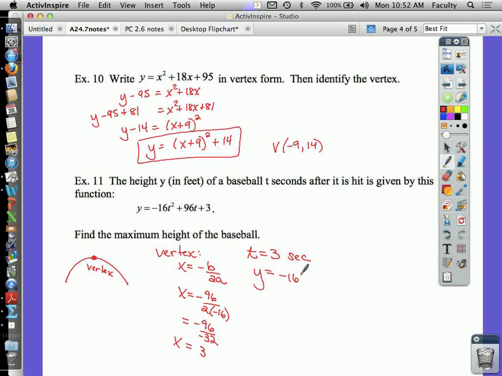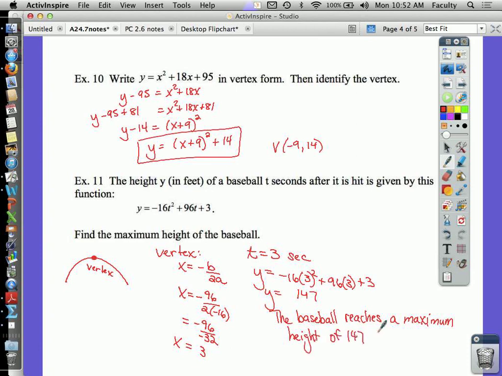Now you may use your calculators. And you're going to plug in that t is 3, or in this case your x. Remember how we've talked about we want to write our final answers to word problems in sentence form?